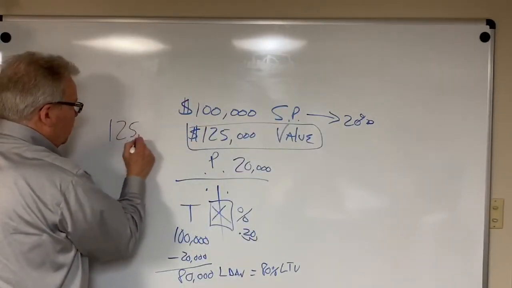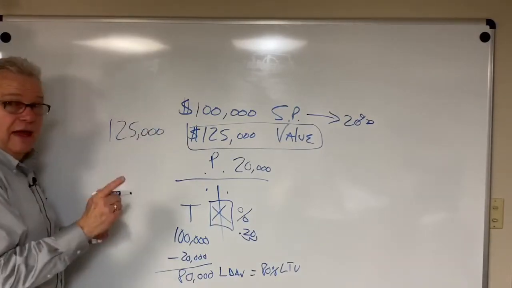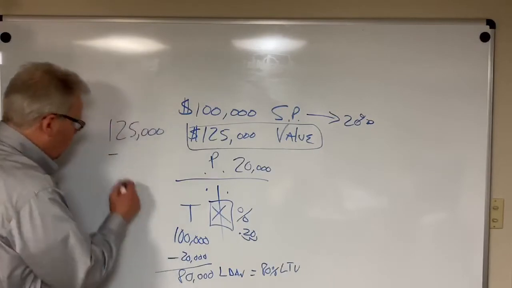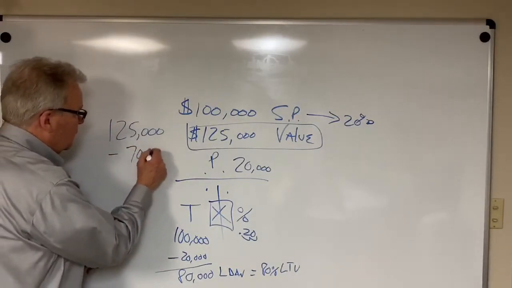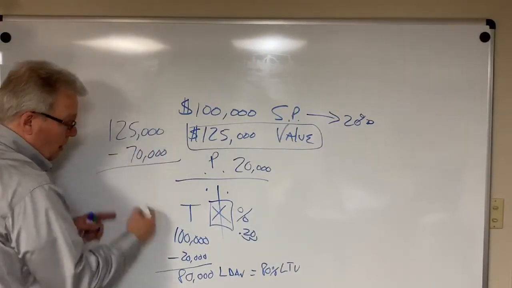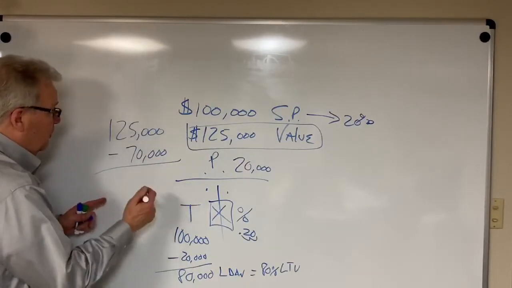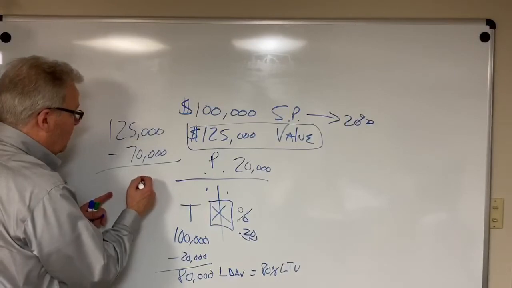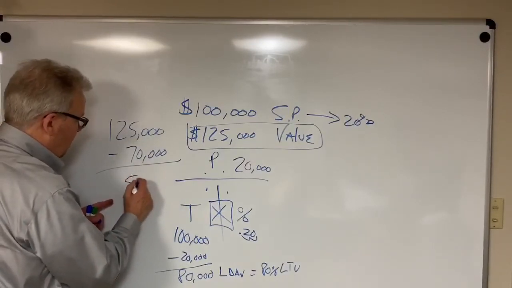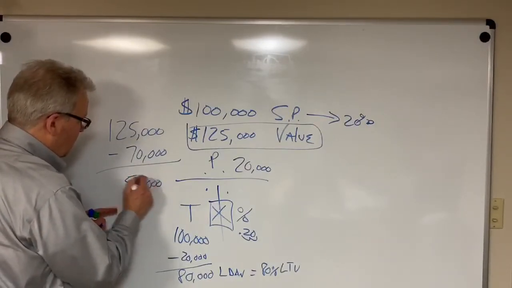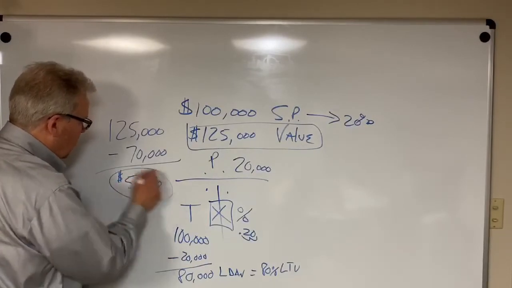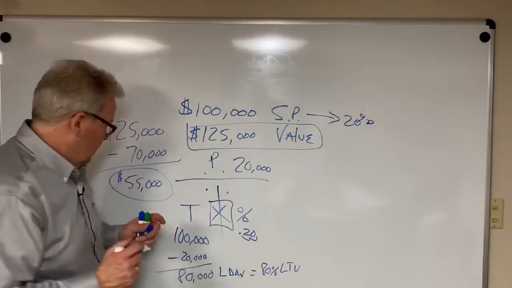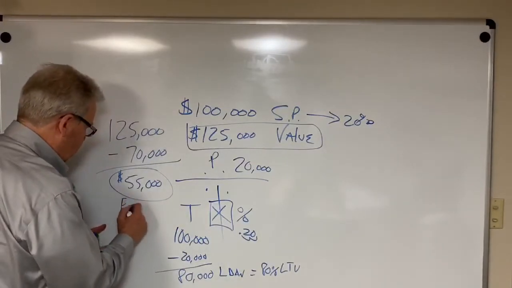So you just basically take the $125,000 and you subtract the current loan balance, or all of the loans he might have, because they could put that in. And so how much equity does Tom have in his house? And I'm not using my calculator, but it looks like Tom would have $55,000 equity in his house.